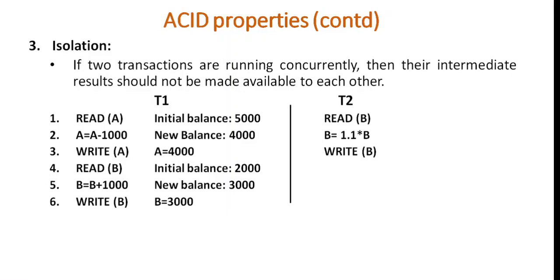Here in the T2 transaction, we are crediting 10% of the balance to account B. Now here both these two transactions are working with account B. The T1 transaction is crediting some amount from account A to account B, and the T2 transaction is crediting 10% of the original balance to account B. Both are working with the same account.